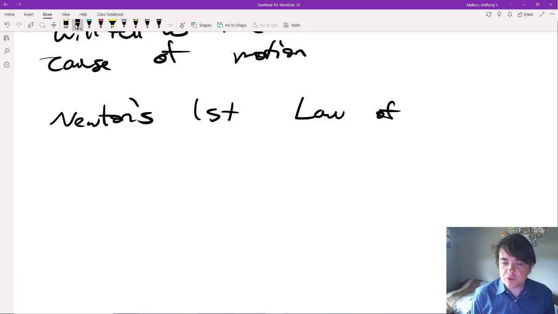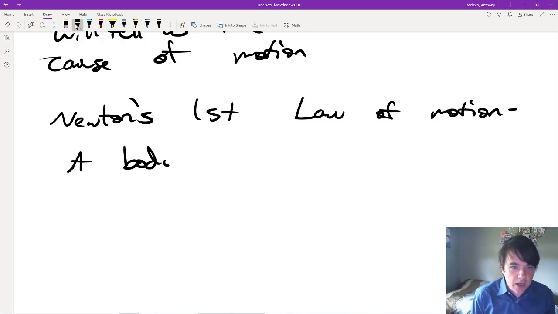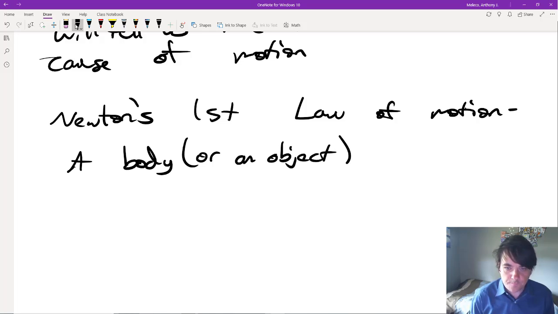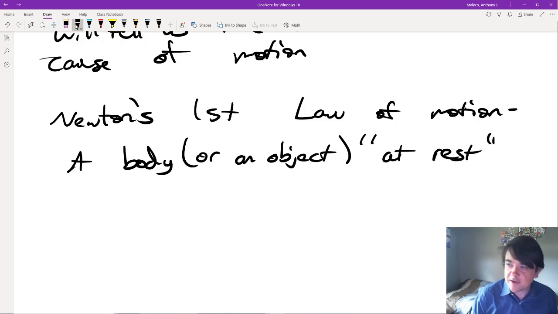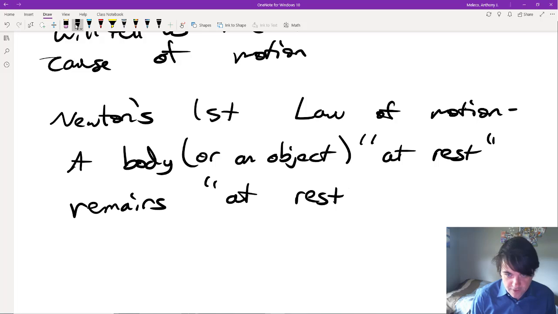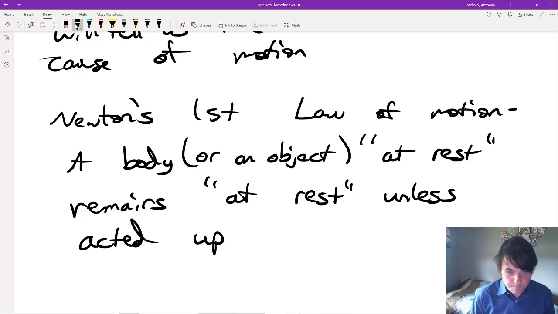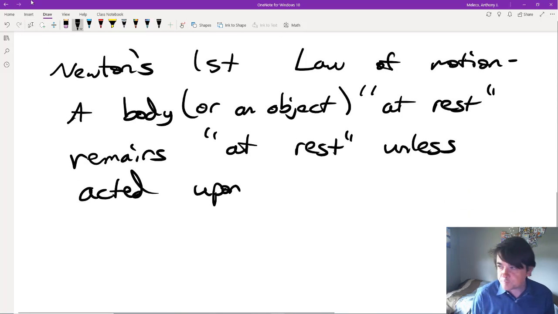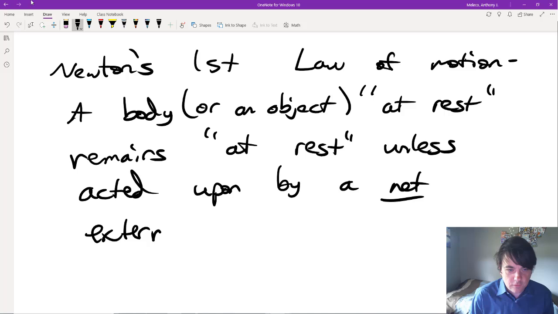But the first law of motion states that a body, this is an object, at rest, and we'll define what that is, will remain at rest unless acted upon by a net external force.